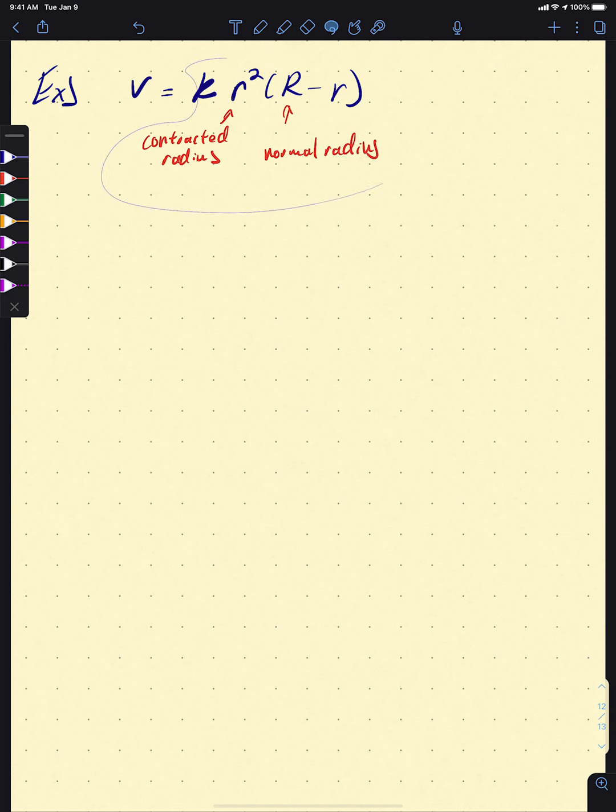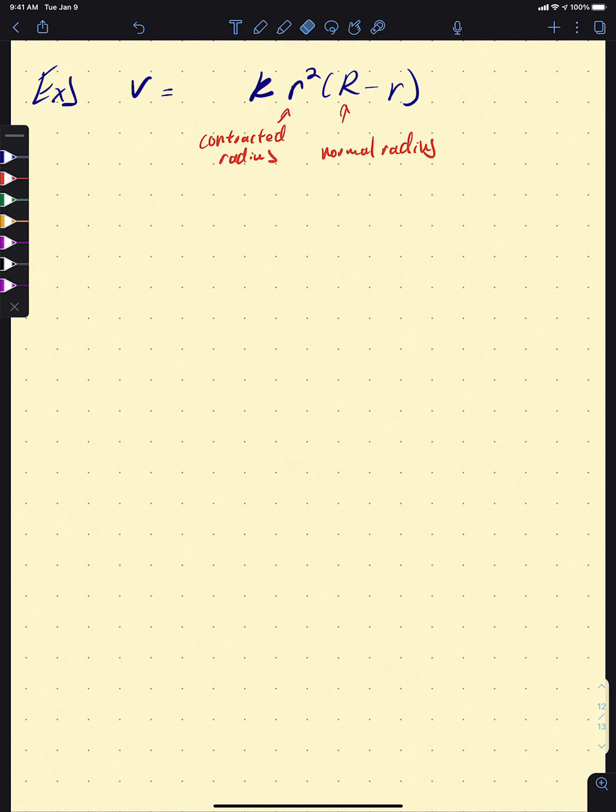So it might actually be helpful to write v as a function of our radius. Okay. And then say you're trying to maximize this velocity, say you're trying to model how the body would best approach, maybe you're choking on something and you want to maximize the velocity of that air in order to try and dislodge whatever that object is.